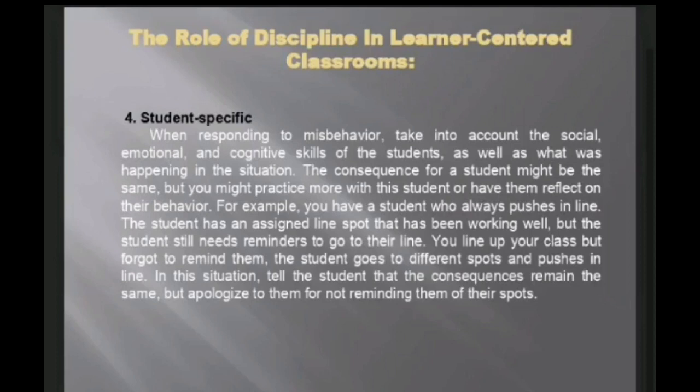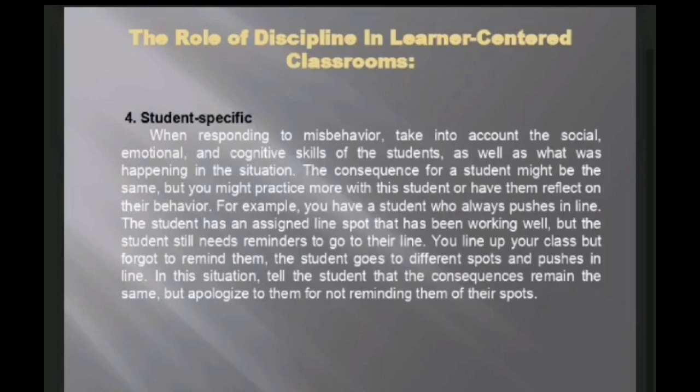When responding to misbehavior, take into account the social, emotional, and cognitive skills of the students, as well as what is happening in the situation. The consequences for a student might be the same, but you might practice more with these students or have them reflect on their behavior. For example, you have a student who always pushes in line.